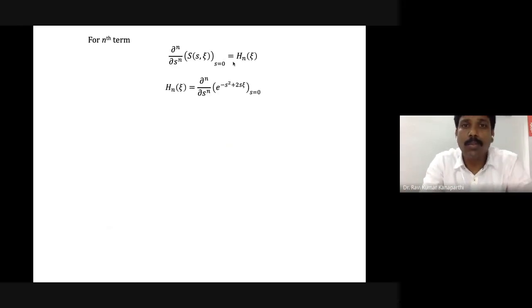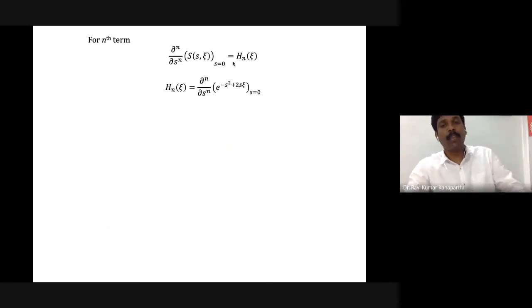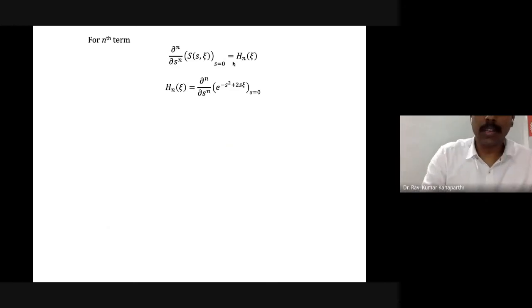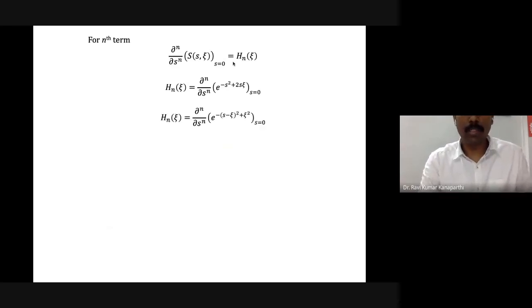Well, what is the generating function actually? Hn of z is equal to, I'm just writing this way, I am substituting what is capital S of small s, z. It is just the generating function. The generating function is given by e to the power minus s square plus 2sz, and substitute s equal to 0. Then I can do a small mathematical trick.